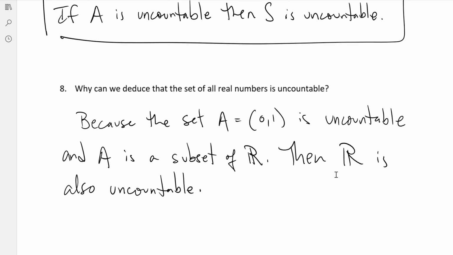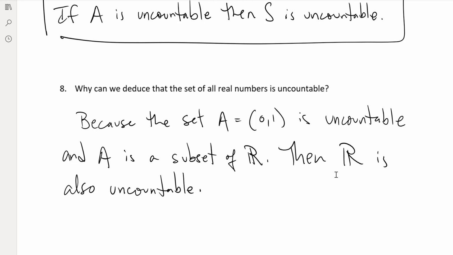In other words, the real numbers cannot be put into a one-to-one correspondence with the natural numbers. And so in a very real and logical sense, there are actually more real numbers than there are natural numbers. Even though both are infinite, they are a different kind of infinity in a very important and logical way.